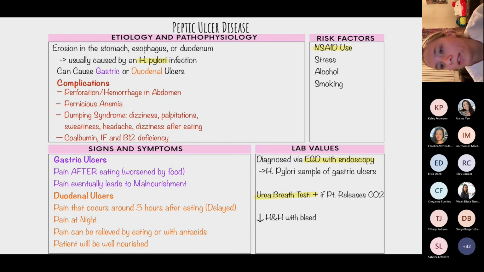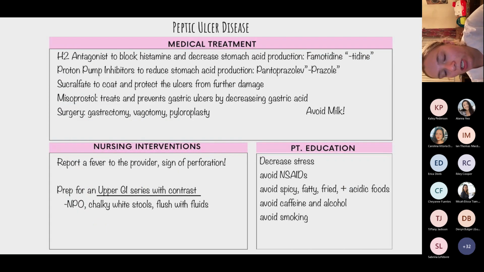So based on the cause, we really need to make sure we get an EGD done. We get our urea breath test. This helps us know if the cause is an H. pylori infection. So what are we going to do if they have an H. pylori infection? We are going to do our 2+1.